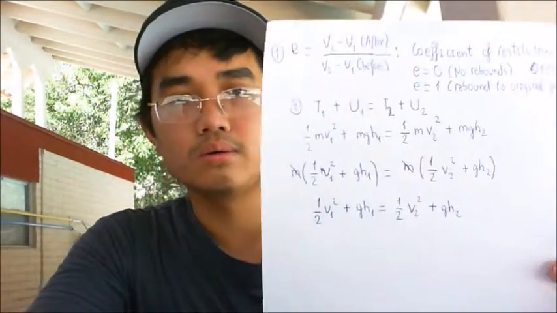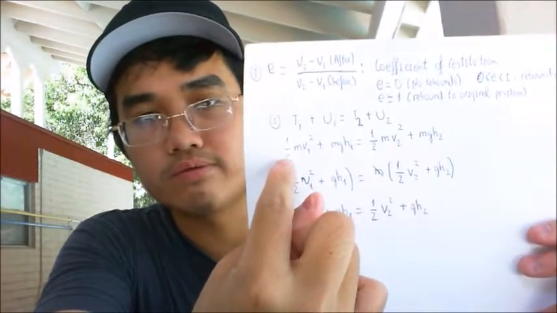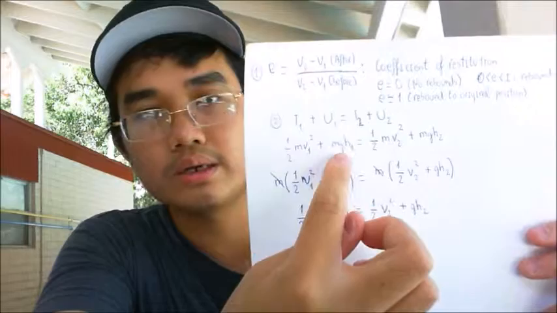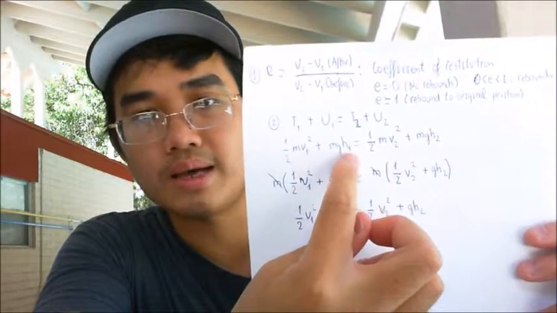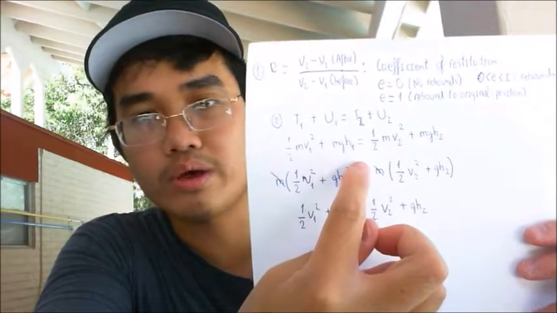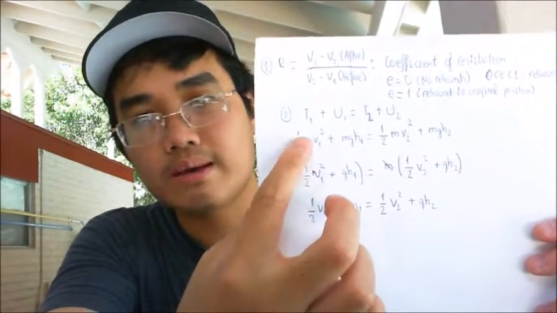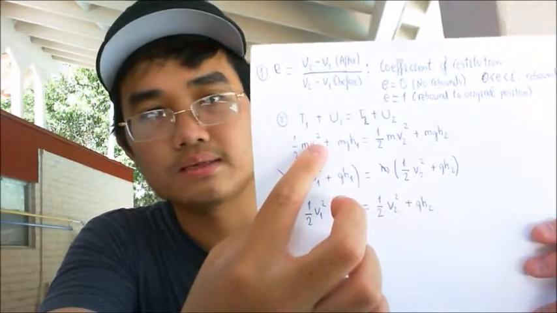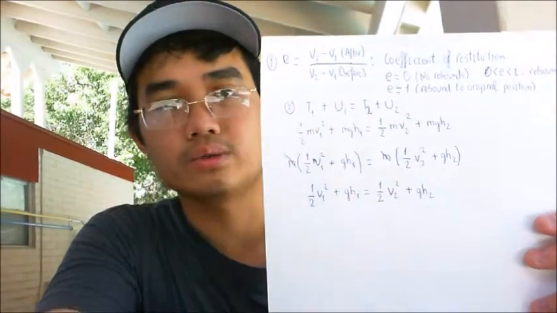Okay, and also you see right here is the equation for kinetic energy, and this one is the equation for potential energy. M stands for mass, G stands for gravity, the value is 9.81, and H stands for height. And the same thing, M stands for mass and V stands for velocity, and we have to square it as well.